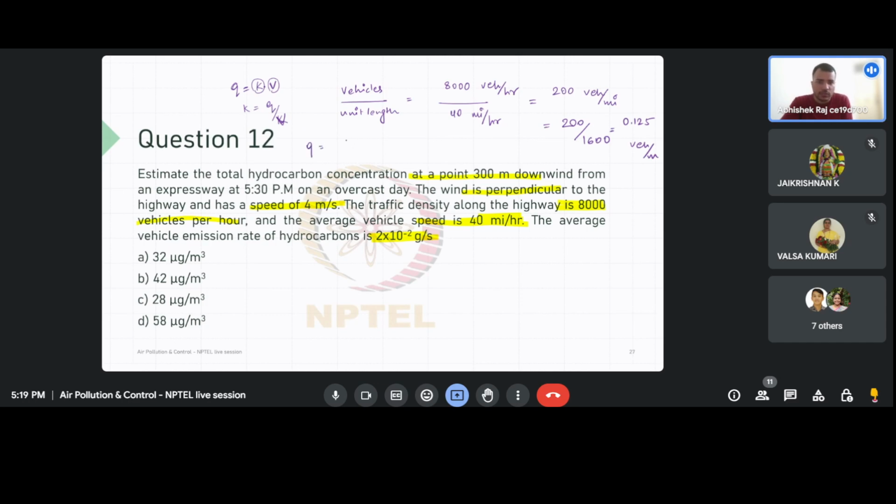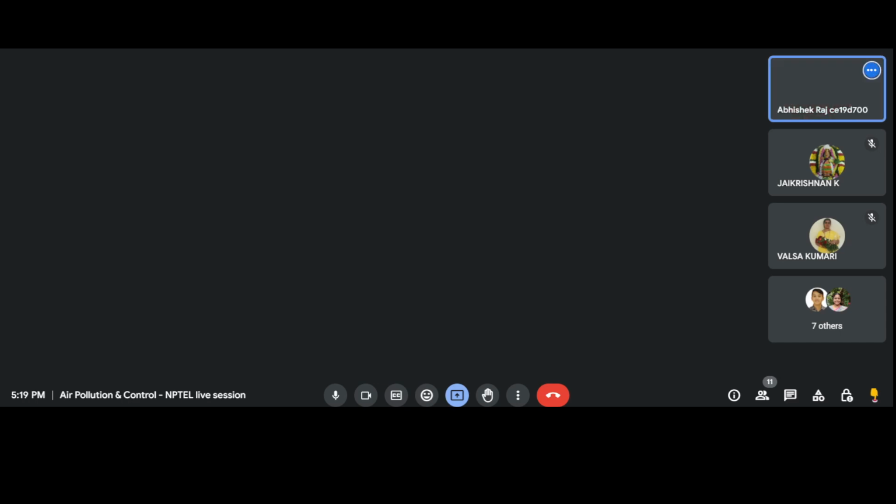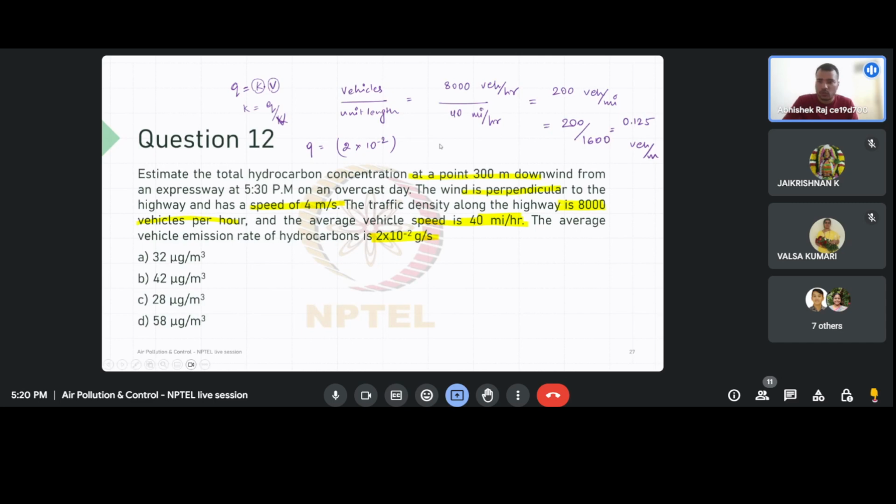So that will give us 2 times 10 to the power minus 2, which is in grams per second, I think, if I'm doing it correctly. Okay, that is fine. So 2 into 10 to the power minus 2, grams per second. This unit is okay. Then we have the vehicles per meter, which is 0.125.